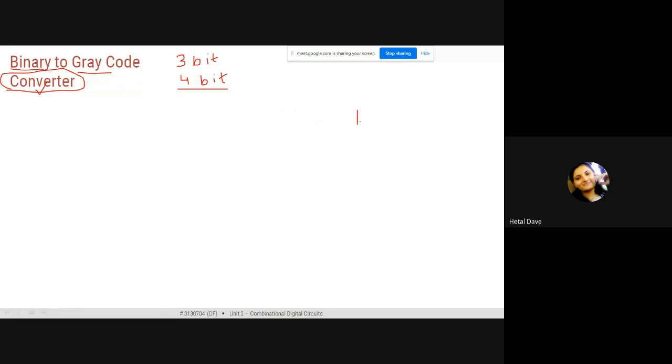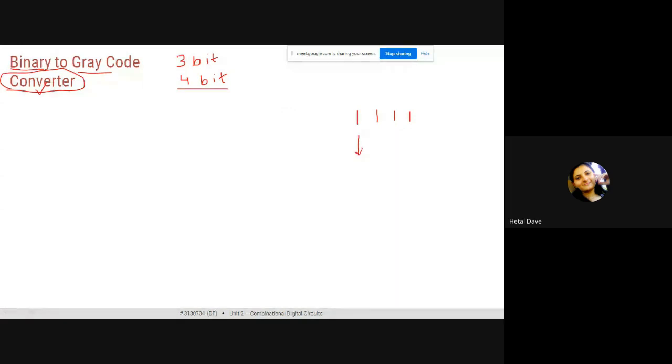I will take the maximum number of 4-bit, which is 1111. My aim right now is to find the number of outputs. So first of all, I will consider the maximum input, 1111. How should it be converted to gray?